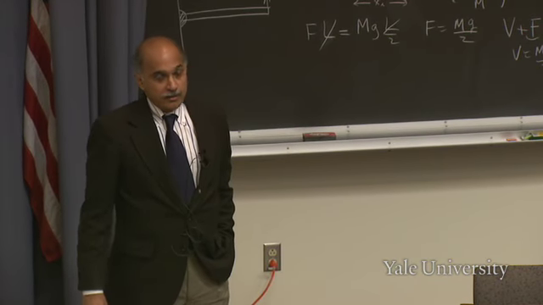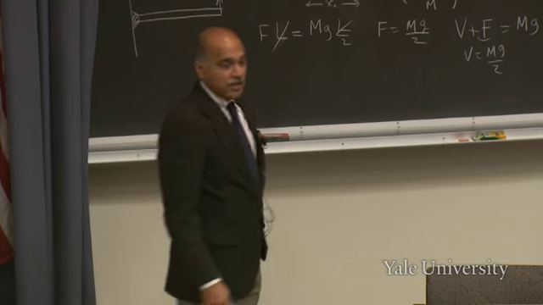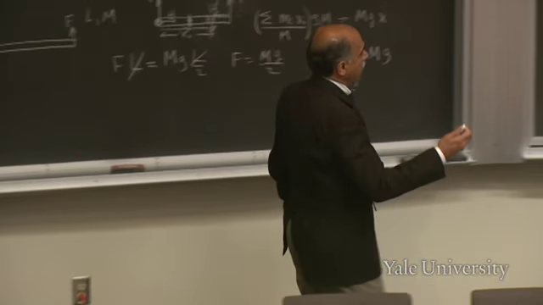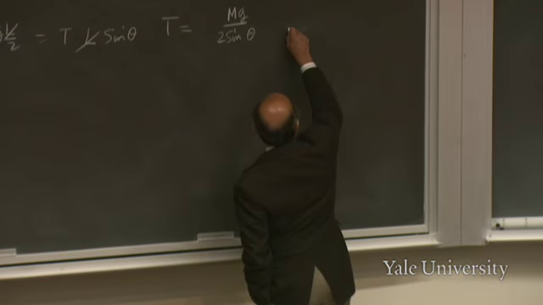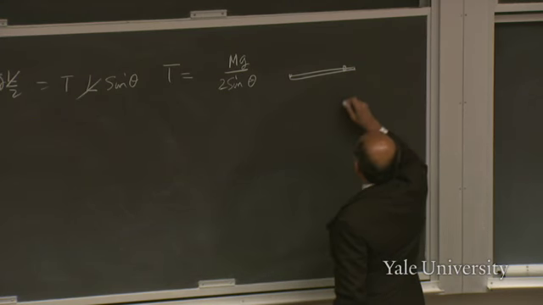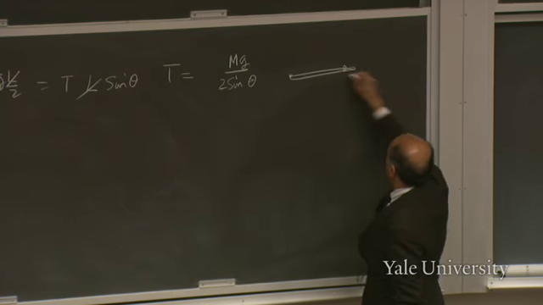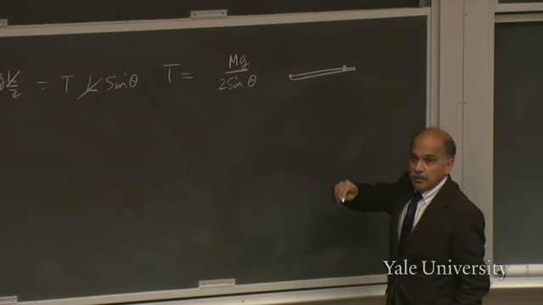Look, you have to understand why torque has a sine theta in it. Take any body that you want to rotate, here is a rod, and you pick a point where you want to apply a force. We know intuitively that any force applied along the rod is no use in terms of rotating it.